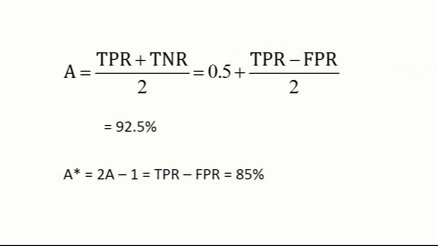Hence, our measure of accuracy becomes 0. If you prefer a measure of accuracy that is 1 with perfect accuracy, 0 with perfect inaccuracy, and -1 with perfect contrary accuracy, you can use A star, which is equal to TPR minus FPR.